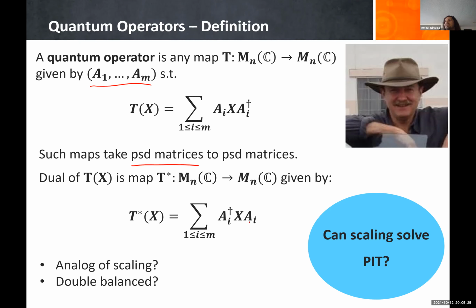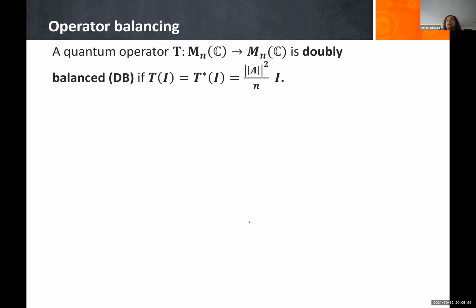Quantum operators are also objects that are very natural in quantum information theory, so of course there are lots of motivations from there as well. The one that we want is just, can we solve PIT via this operator scaling? So he went on to define the operator balancing problem.